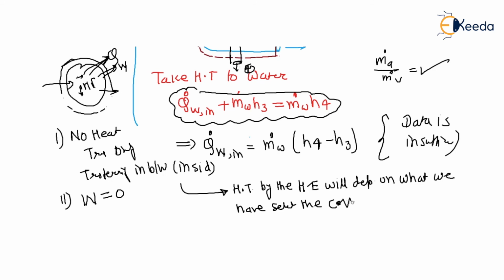If we select the total heat exchanger as the control volume, there is no heat transfer. If we select one tube as the control volume, there is heat transfer. So we can find it easily like that. Okay, thank you very much.